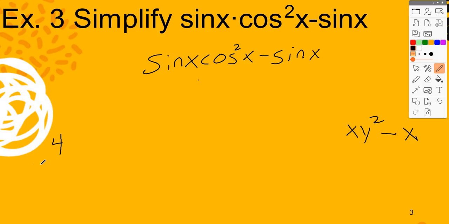My goal is to keep writing an equal sign. So if I just divide by 2, can I put that equal sign there? Like if I actually had to say 4 equals 2. No. So it's the same thing: if I just divide by sine, then I can't put an equal sign because I'm dividing by something, which changes the value. That's different than if I have an equation, where I could, because I can do it to both sides. Okay?